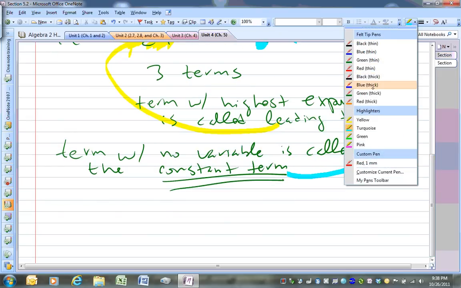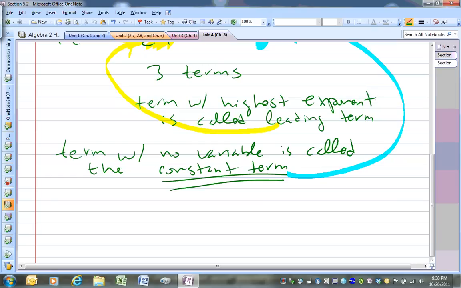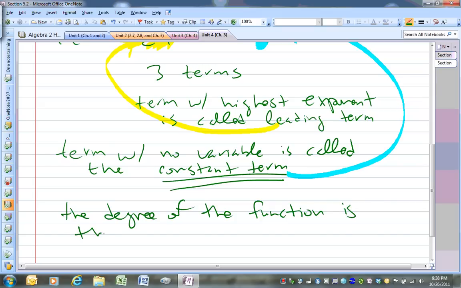More terminology. The degree of the function is the highest exponent.